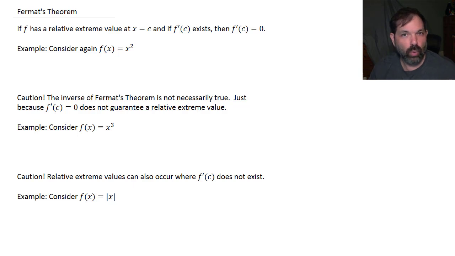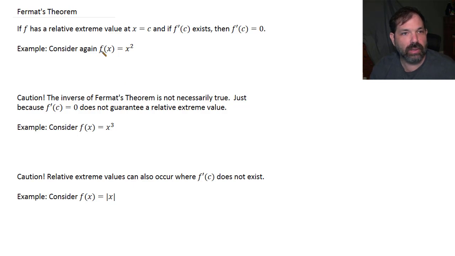So think about that. What is this telling us? If there is an extreme value and the derivative exists at that c, then the slope of the curve at that point c must be 0. It must be what we've called a stationary point in the past, or a type of critical point.